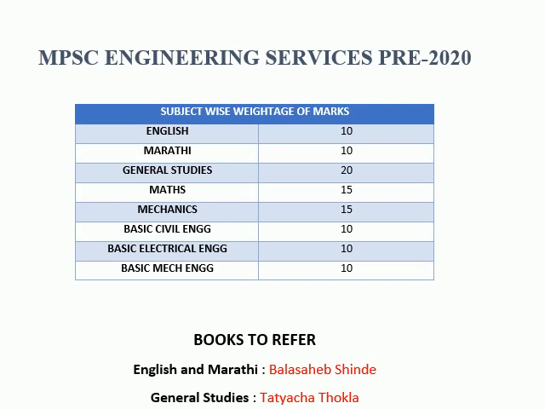English consists of 10 marks, Marathi 10, General Studies 20, Maths 15, Mechanics 15, Basic Civil Engineering 10, Electrical Engineering 10, Mechanical Engineering 10. So the technical part covers a total of 70 marks, 60 marks, and the non-technical covers 40 marks.